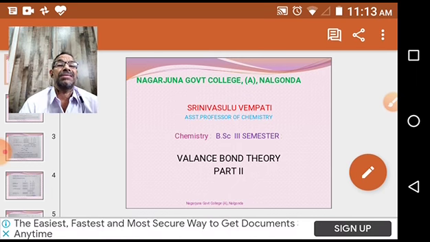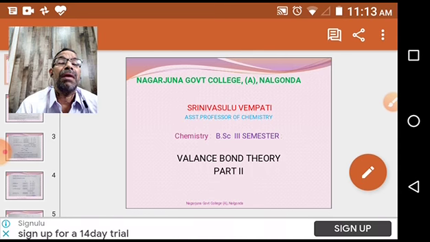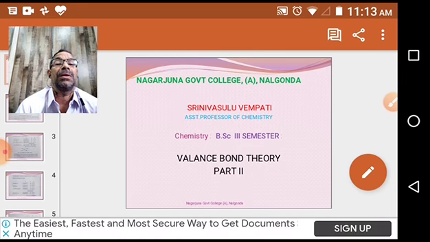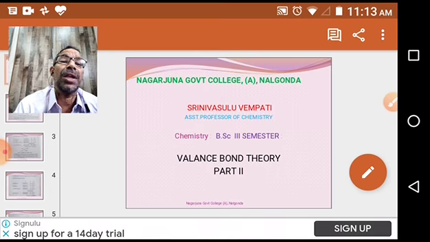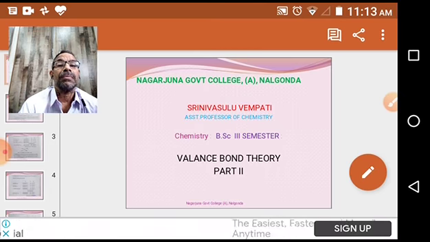What are the postulates? As per valency bond theory, the central metal atom or ion has to provide the required number of vacant orbitals, depending upon the coordination number of a particular complex. This is the first point.